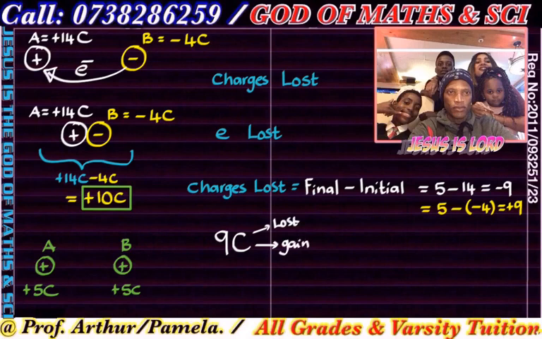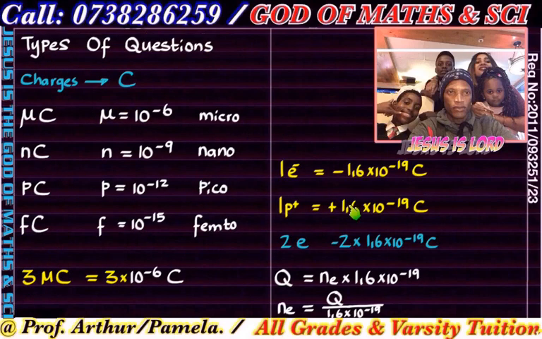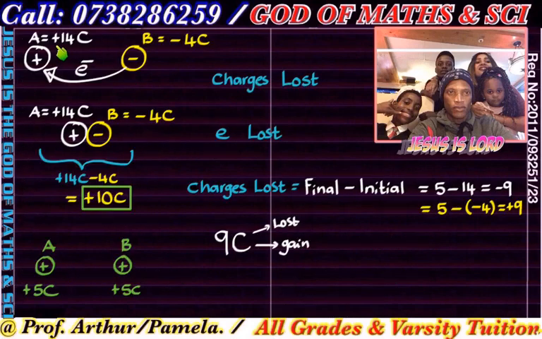But as a coulomb, I get final minus initial. Then I can change that coulomb to make it electrons, like how we did it here. If they ask for electrons, it's because the question started with coulombs. So I can get all the answers as coulombs.